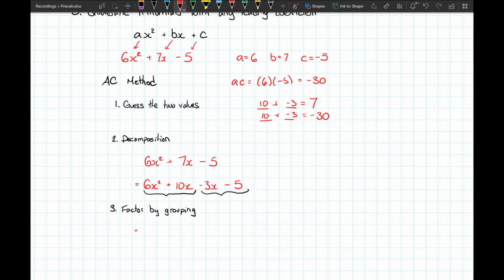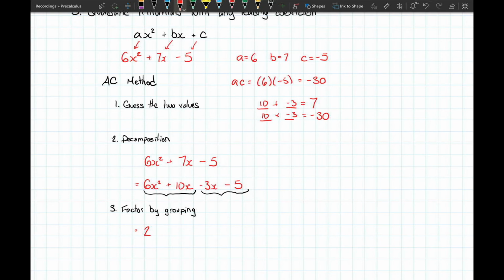And when we're looking for common factors, we're going to see what we can pull out of 6x squared and 10x. Looking at the coefficients, we can definitely pull out a common factor of 2, so we'll do that. Now you can pull out a -2 if you'd like, and that's going to change the signs.